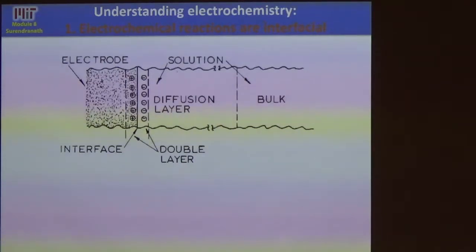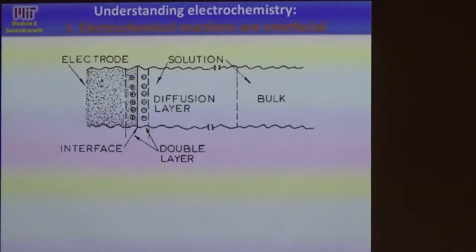To a large extent, the study of electrochemistry, or the study of how you use electricity to do chemical work, is the study of interfacial chemistry, the chemistry that occurs at the boundary between a solid and a liquid. We're going to go through a litany of things that will allow you to get an intuitive sense of how to think about how interfaces behave.